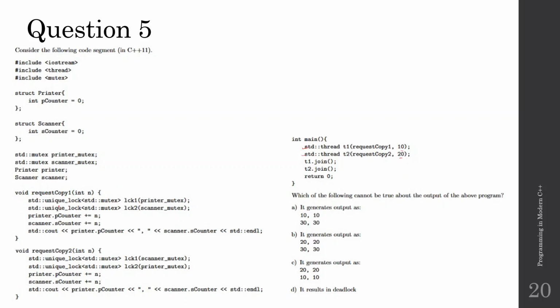So it will go into this function and increment it by 10, and also the scanner count by 10, and then this will increment it by 20 and also 20. So then the answer will be 1030 and 1030.